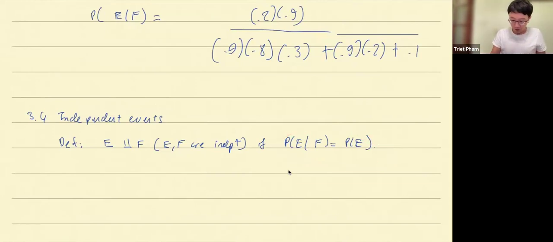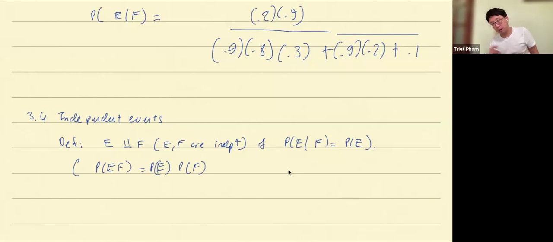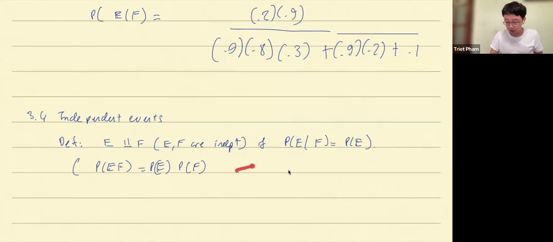Now, of course, you guys know the other definition as P of EF is P of E times P of F. Some people will use this as their starting point and then derive what I say here as a consequence. But I will use this as my starting point and derive this as a consequence, all right?